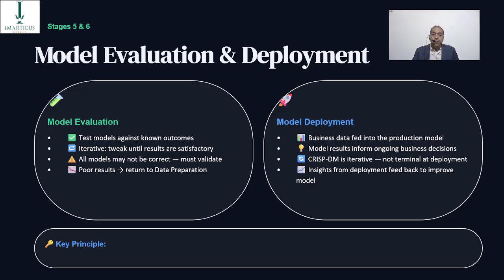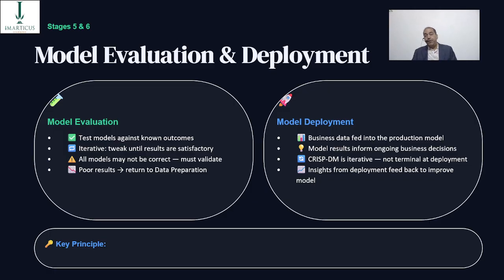The CRISP DM framework does not end at this stage or at the stage of model deployment. The important thing to remember is that CRISP DM is an iterative process. That means your data understanding can enhance your business understanding.